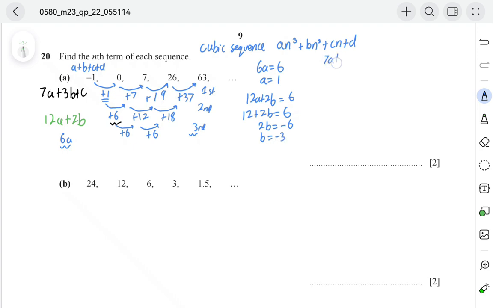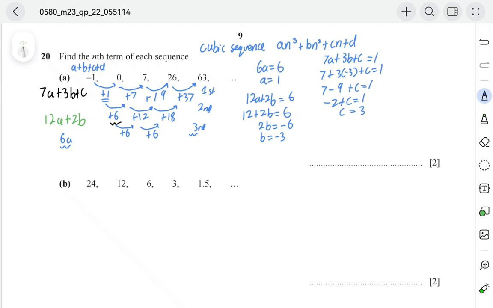Moving on to 7a plus 3b plus c equals 1. Let's substitute all that we know. Seven minus 9 is negative 2, plus c equals 1, so c equals 3.